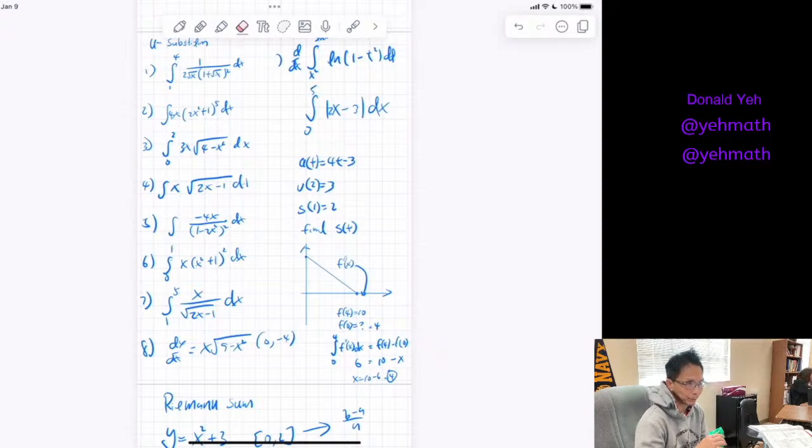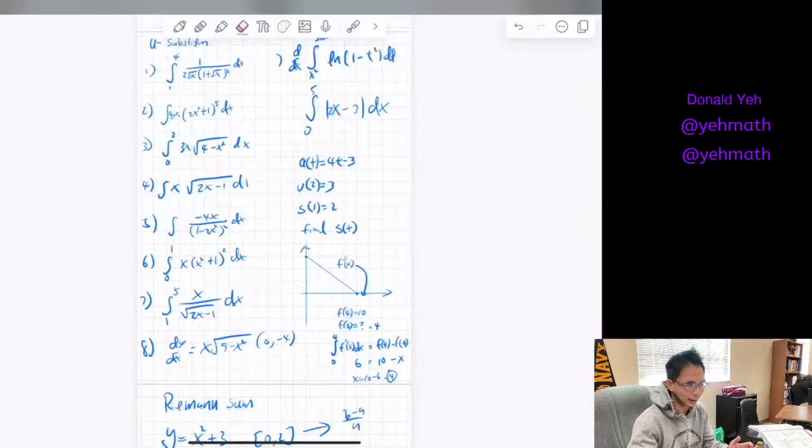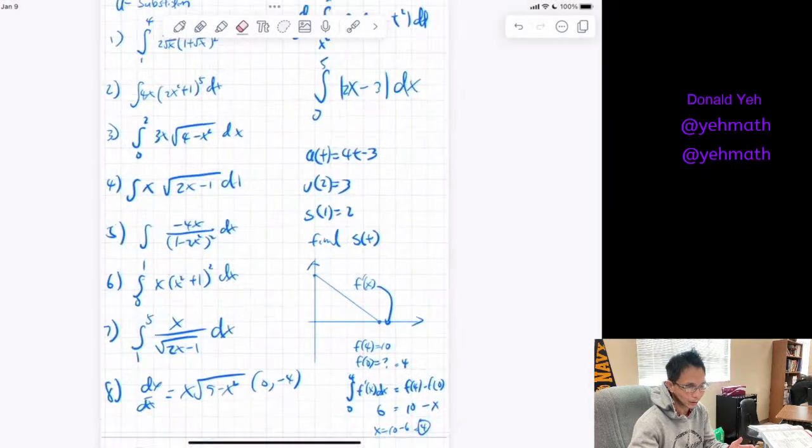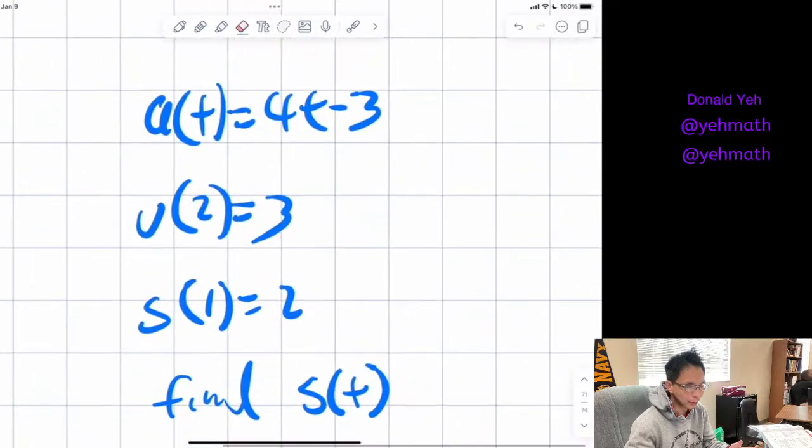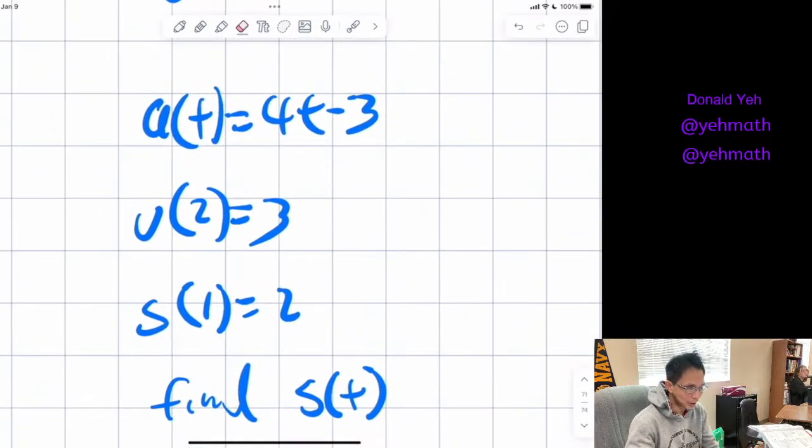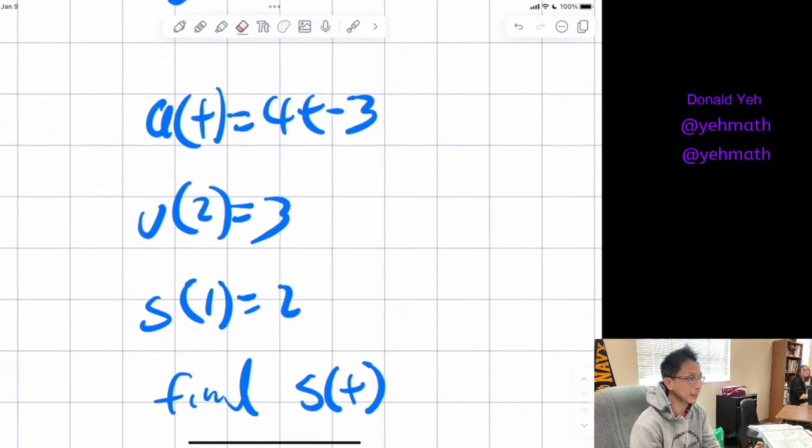For example, I'm going to write a question exactly like this on the test. Look at question 4 on your last test. What's the difference between this question and question 4 on your last test? The only difference is the name of the equations. I'm going to ask you A of t, which is the second derivative.